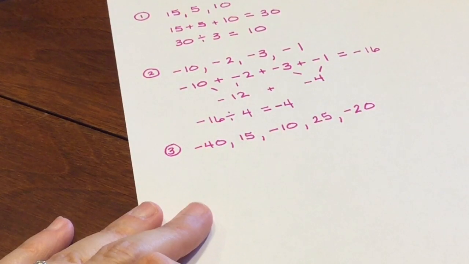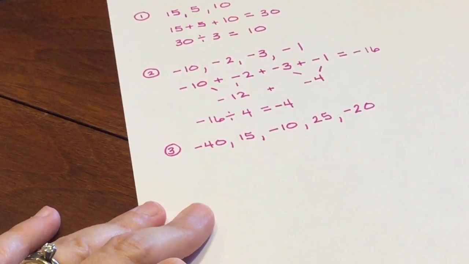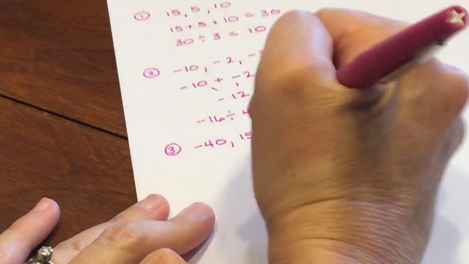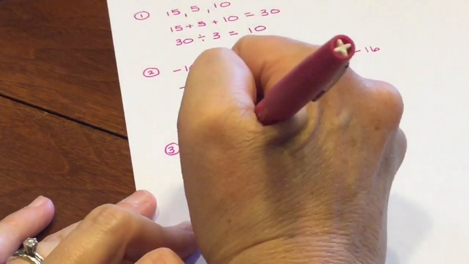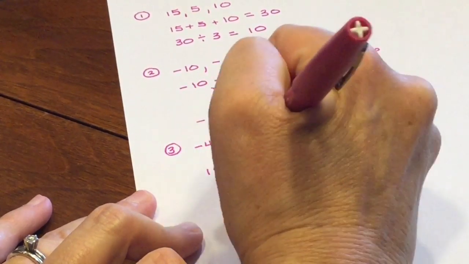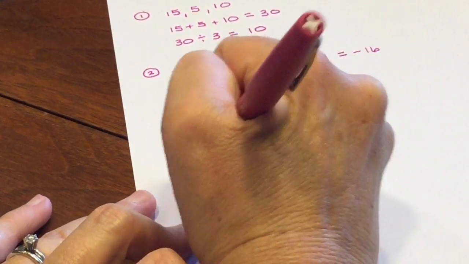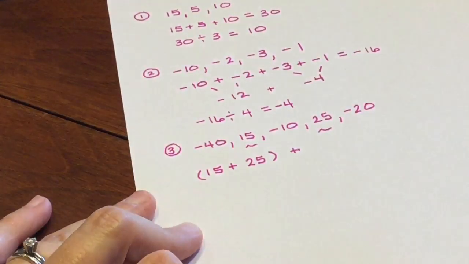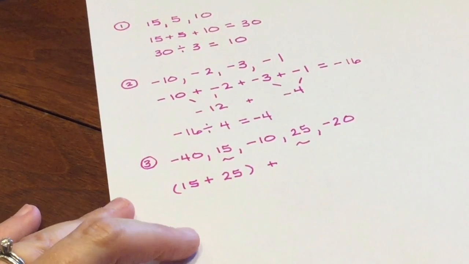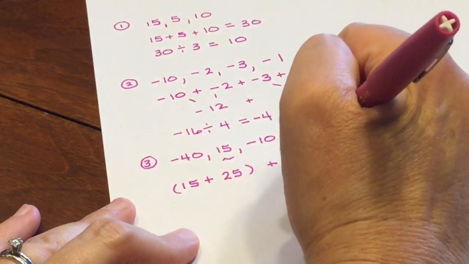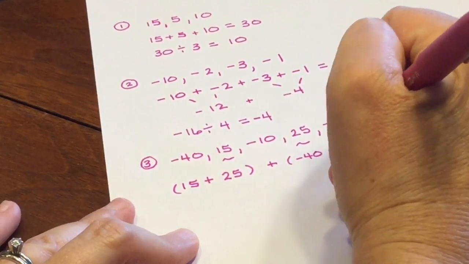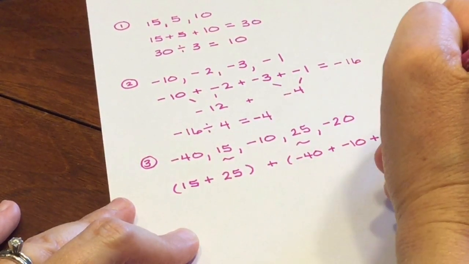And really, I'll be honest, I think the easiest thing to do is to group them. So I'm going to choose to notice that there are two numbers that are positive that I could add together easily. So I could do 15 plus 25, so I'm going to group those. And then I'm going to notice that the other three numbers are negative, so I'm going to choose to group those together, whether you're writing it down or doing it in your head.